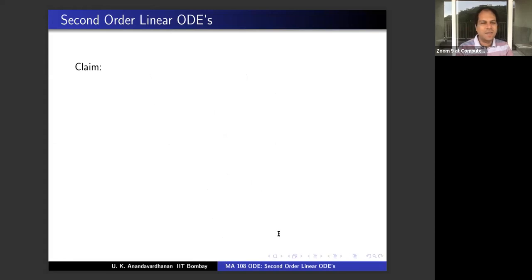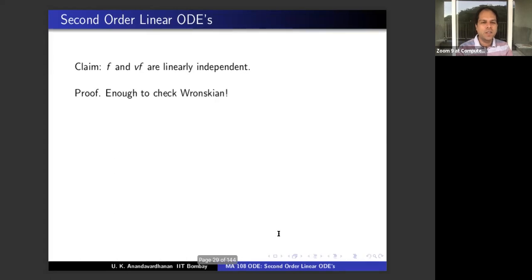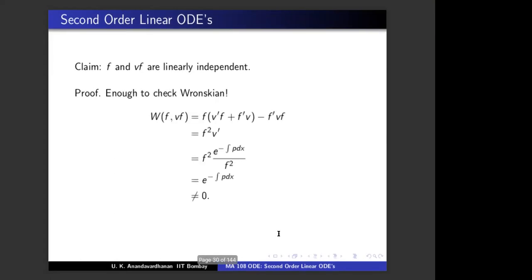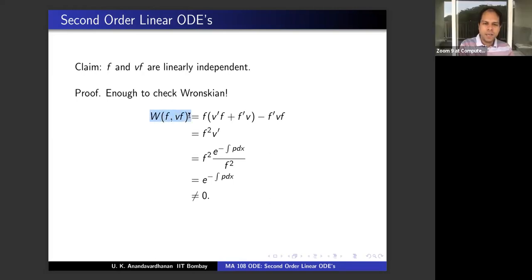Miracle, not miracle, I mean, it so happens. So claim: f and vf are linearly independent. Proof: enough to check the Wronskian. So W of f comma vf is f times (vf) prime minus f prime times vf, and in this f prime times vf cancels, so this is just f square times v prime.